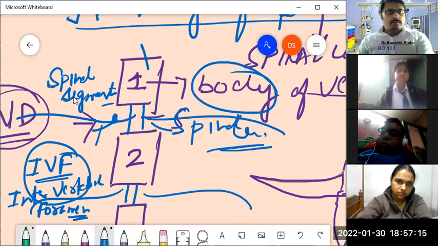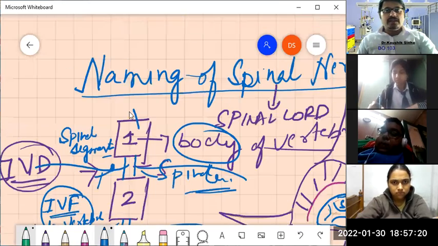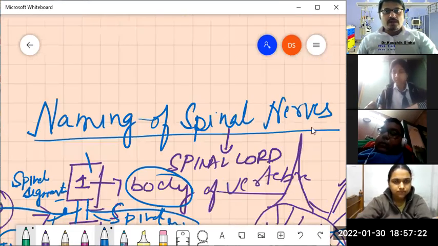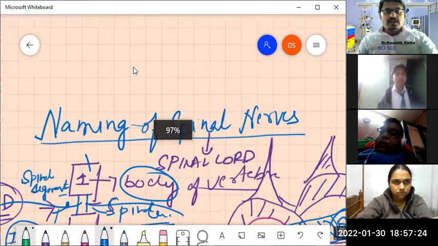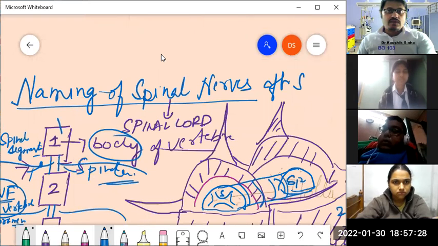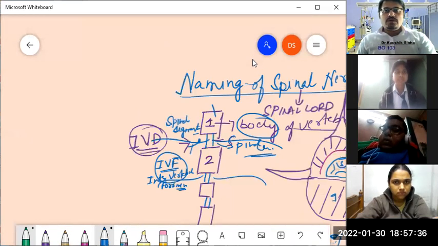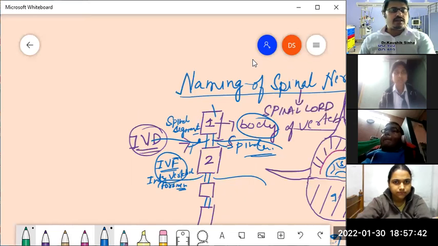Yes, sir. Now, our primary topic was the naming of the spinal nerves. The naming of the spinal nerves is made after the spinal segments. So, how do we name the spinal segments? We know that in the vertebral column we have cervical, thoracic, lumbar, sacral, and coccygeal segments.